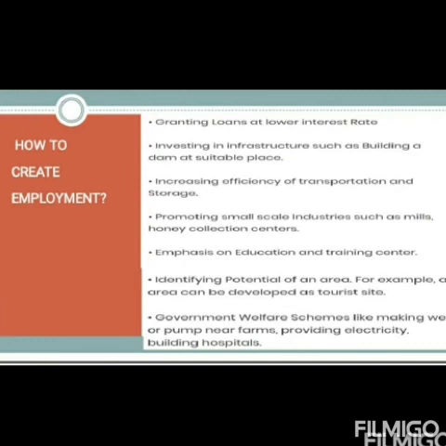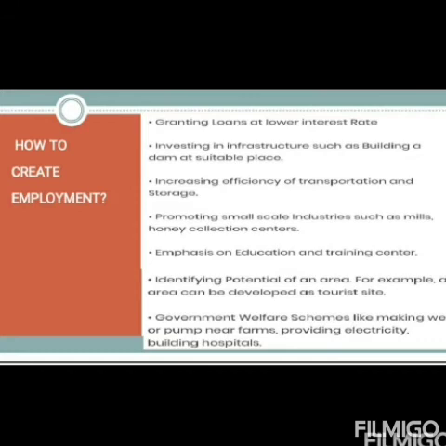How to create employment. There can be many more ideas and ways to generate employment. Some of the methods which can be used are granting loans, investments, increasing efficiency of transportation and storage, and government welfare programs. Many more examples you can put in on your own as well.